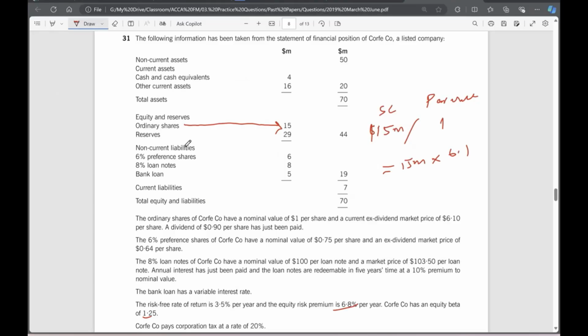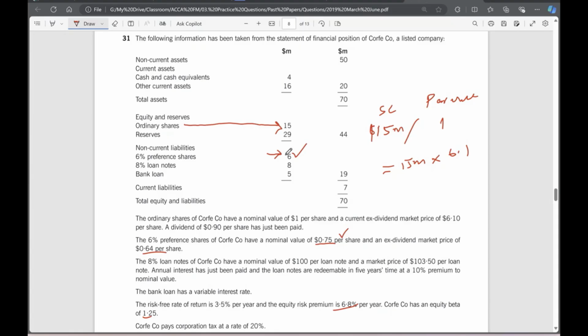Then preference shares. Here, look, the nominal value is 0.75, the book value is 6 million, and the market value is 0.64. So 6 million we will divide with the par value to get the number of preference shares, and then we multiply with the market value to find the market value of preference shares.